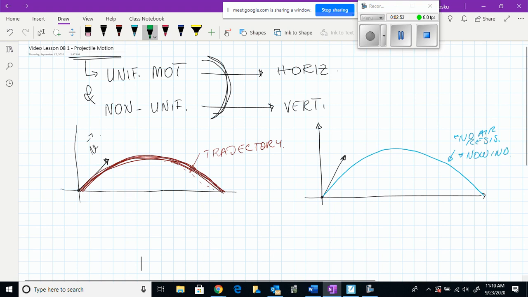And if we take into consideration the air resistance and the wind, the trajectory will be something like this.